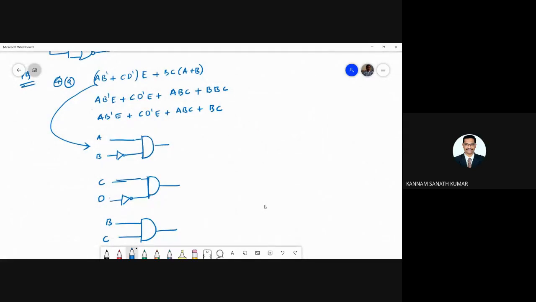One more input is there, that is E. These are connected with a gate, and input E is connected with an AND gate.